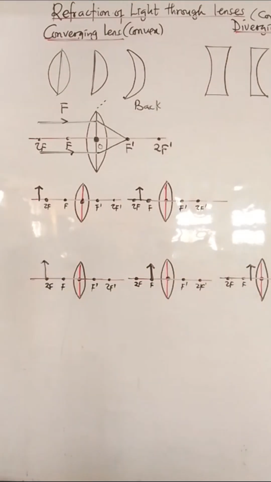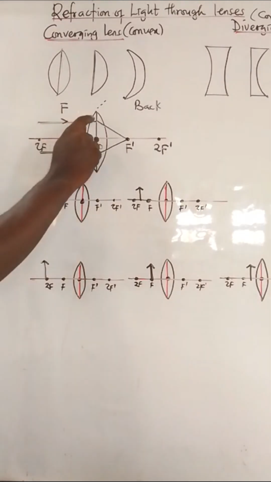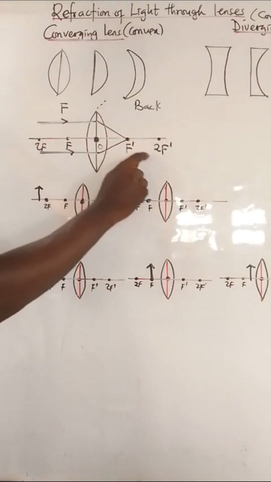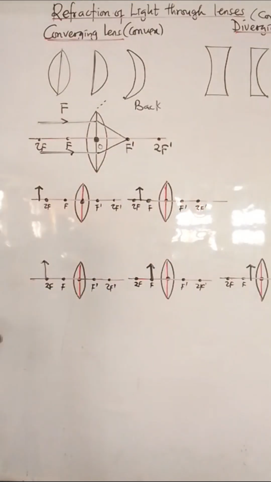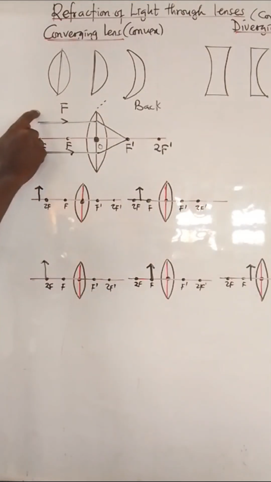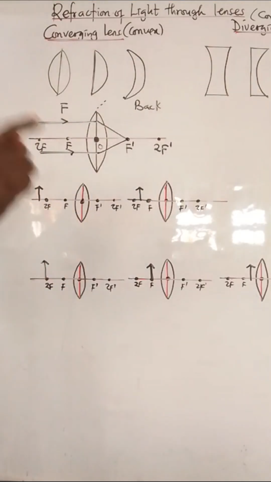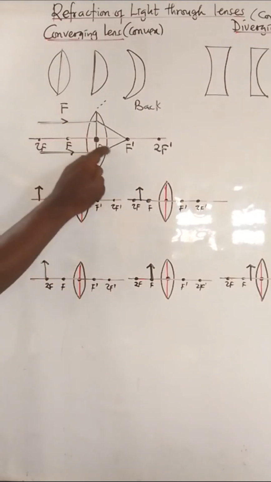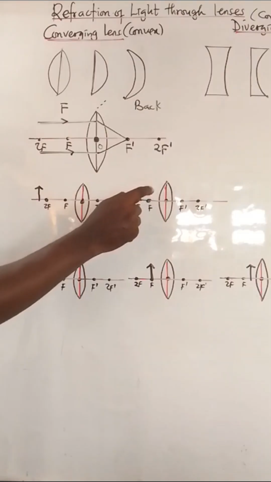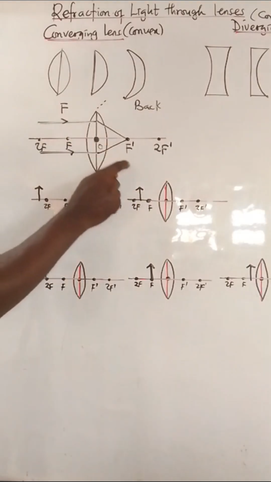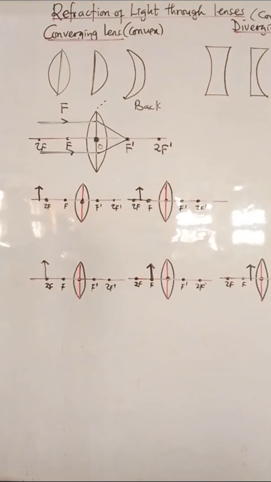The first thing you have to realize is any ray parallel to the principal axis passes through the principal focus after refraction. And any ray that passes through the principal focus is refracted parallel to the principal axis. Lastly, any ray that passes through the optical center is refracted undeviated. So if the ray comes this way, it will pass through without being deviated.